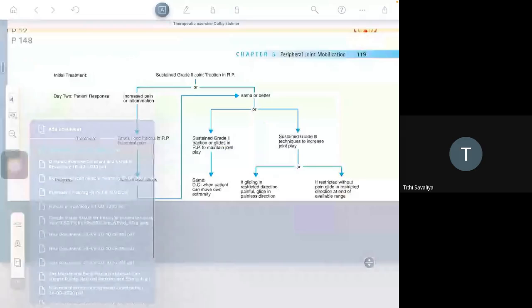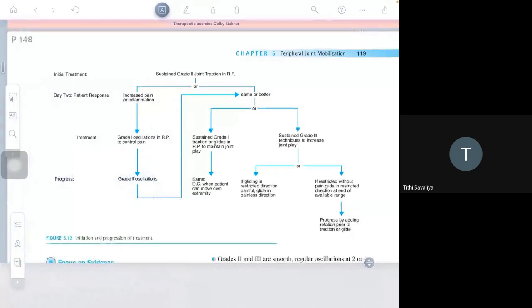The topic is initiation and progression of mobilization. So today, the whole class we are going to discuss only this slide, only one page. So what is the meaning? Initiation and progression of treatment.